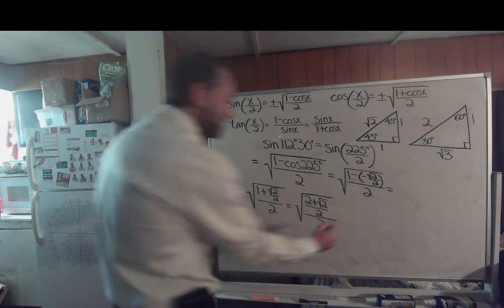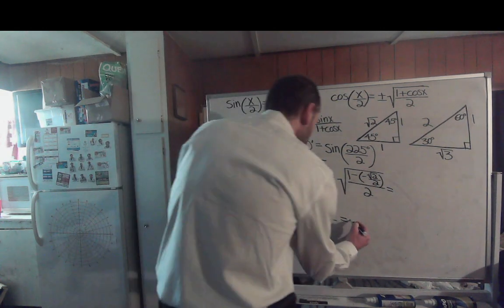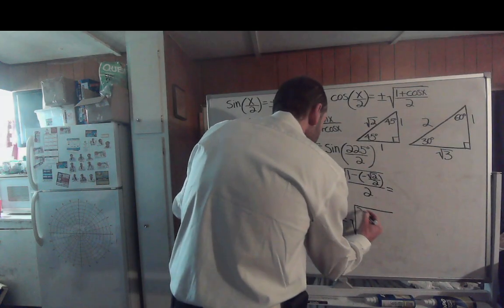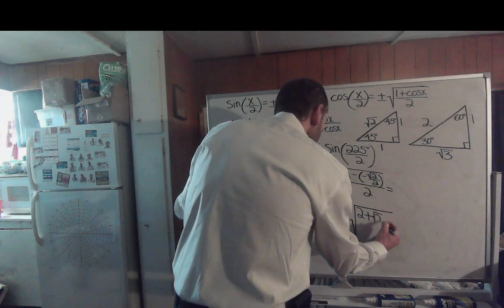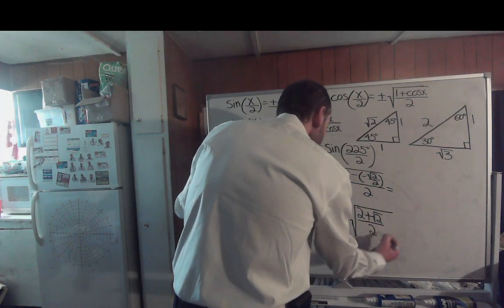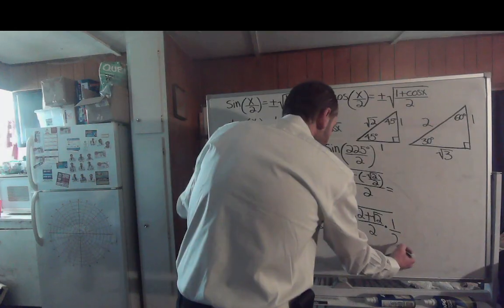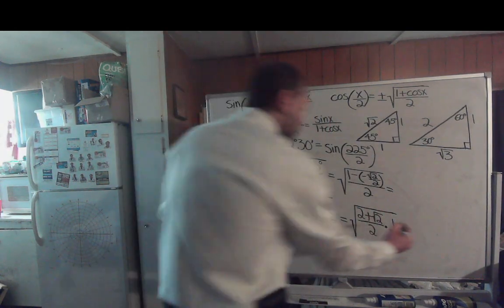Now we just deal with the complex fraction under the radical. So you would end up getting 2 plus the square root of 2 all over 2 times 1 all over 2, all that underneath the radical.